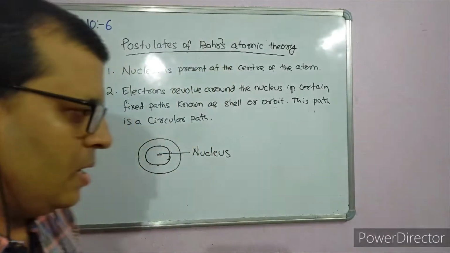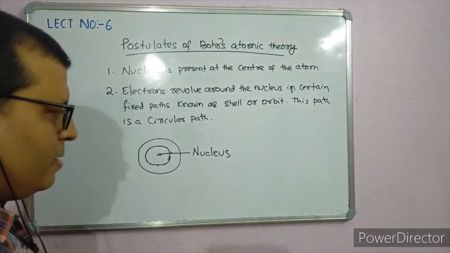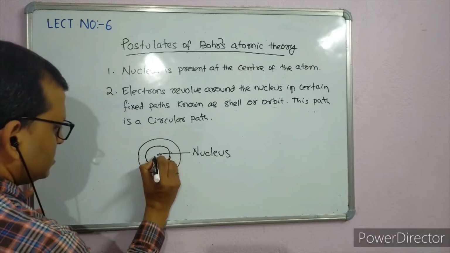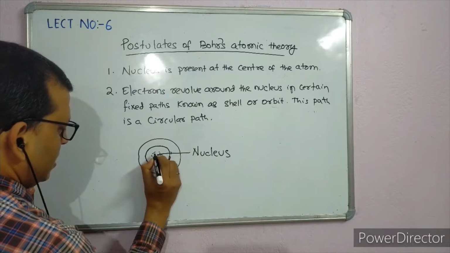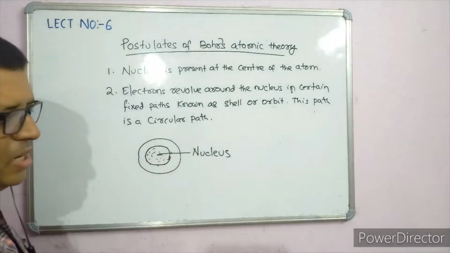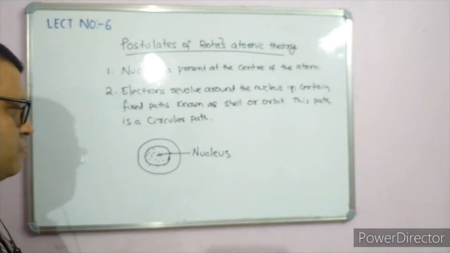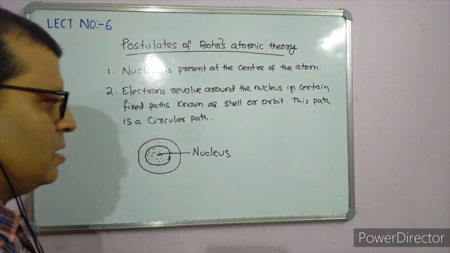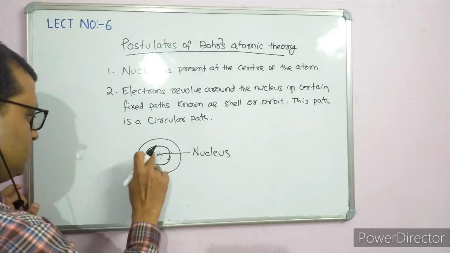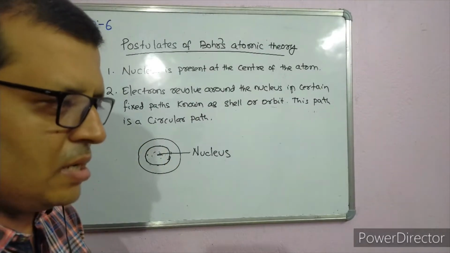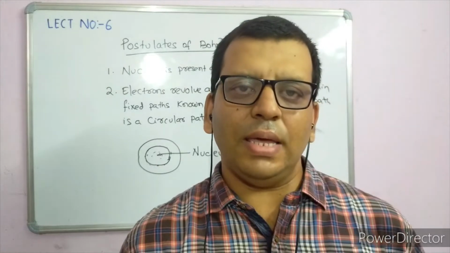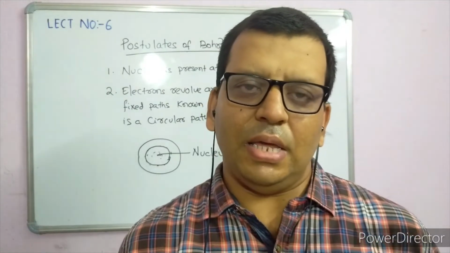Rutherford said that electrons can revolve in any circular path, not necessarily this circular path. This may be the path for the electron, or maybe this. So the electron can take any path as per its wish, but it has to be circular. But the circular path is not fixed. But Bohr said that no, the electron cannot move arbitrarily.